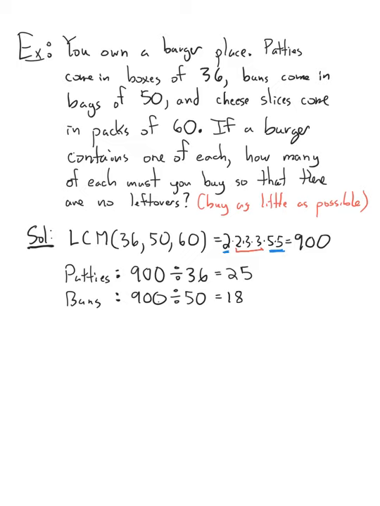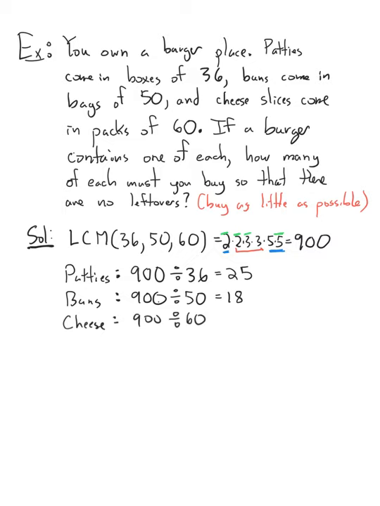And cheese slices, well, 900 divided by 60. So what's the prime factorization of 60? Well, 60 is 2 times 2 times 3 times 5, which is, let me highlight those in green. 2 times 2 times 3 times 5. And what do we have left over?